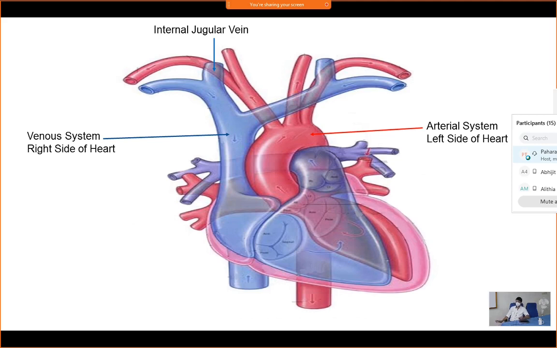So this arterial pulse examination we have seen in the last class. Mostly with the examination of the arterial pulse we see the activity or function of the left side of the heart.